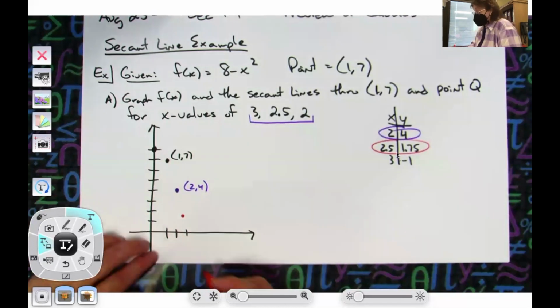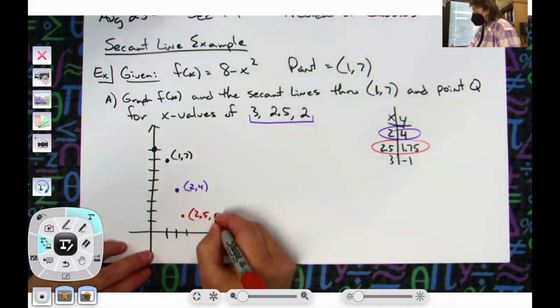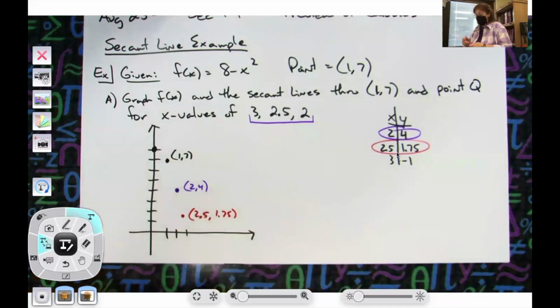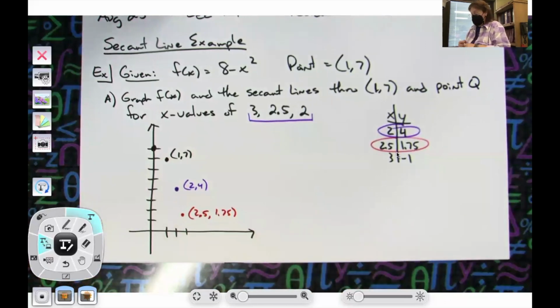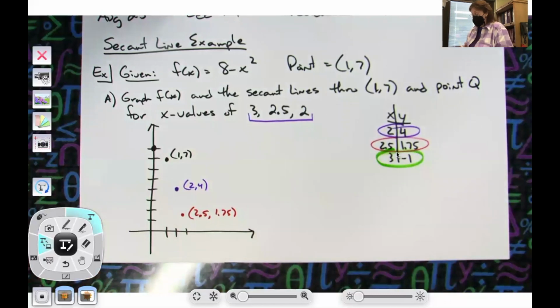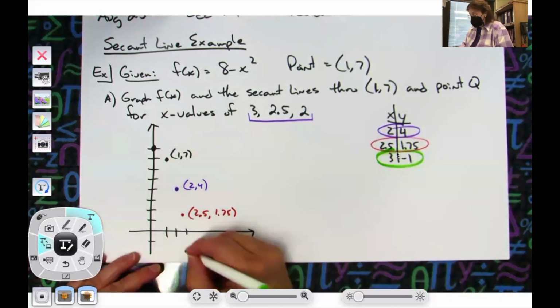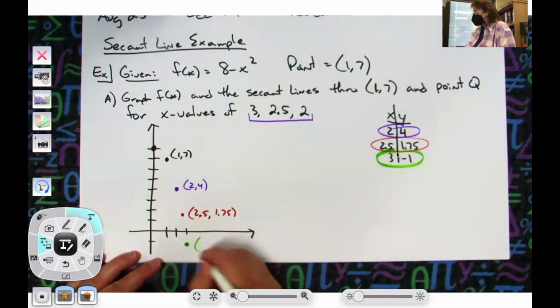We'll estimate that to be about right there. We'll do that one in red. Hope my colors are showing up for you at home. There's 3, -1. So we'll hash mark for -1 right there. Okay, so there's 3, -1.